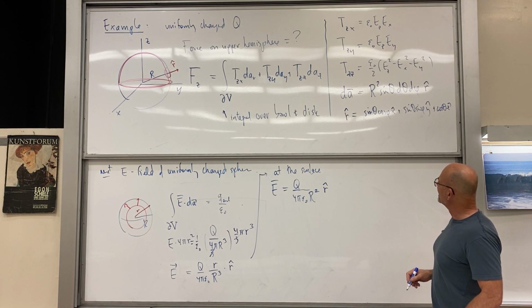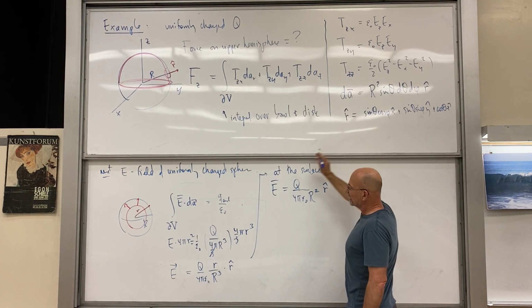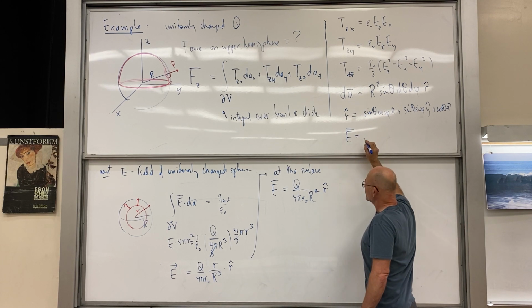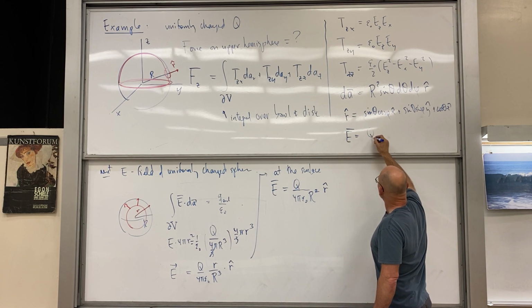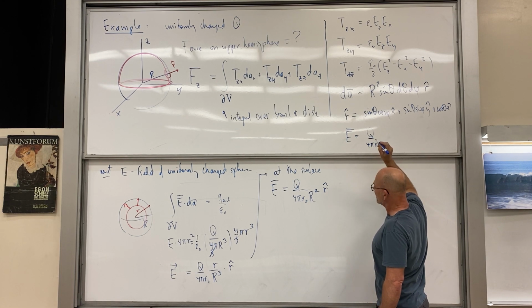So those are all of the ingredients. And now that I have that, I think I'll just put that right here, and I can get rid of this. So we have E is equal to Q over 4 pi epsilon naught.